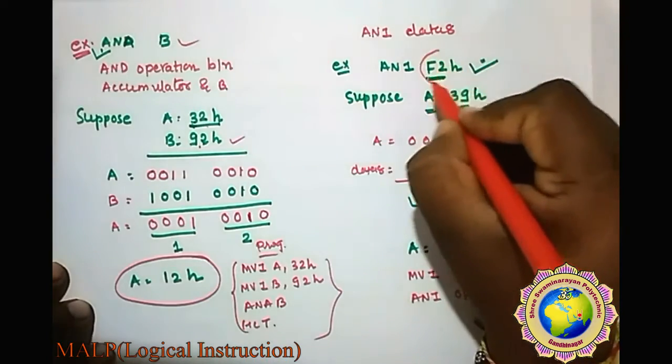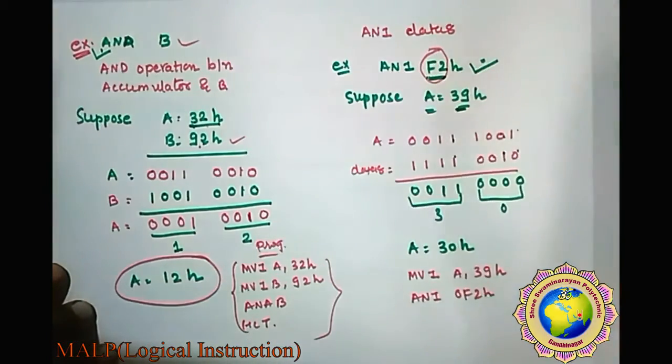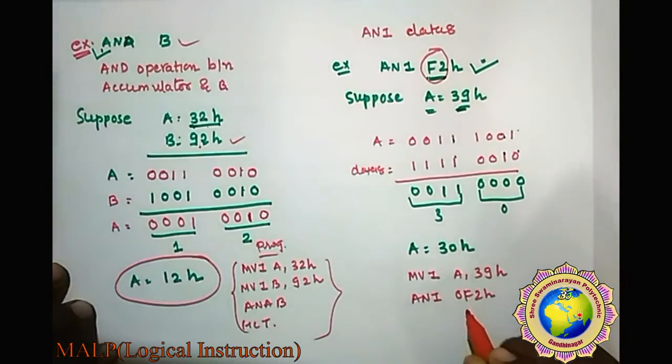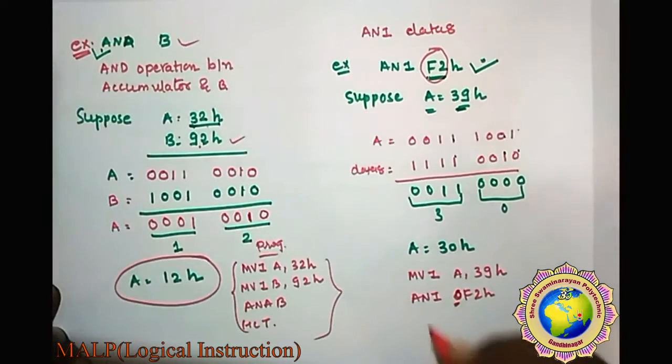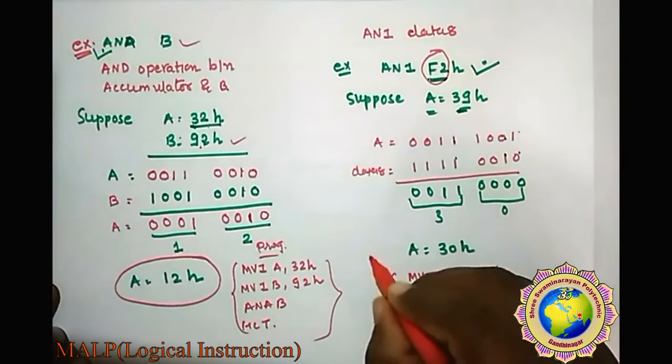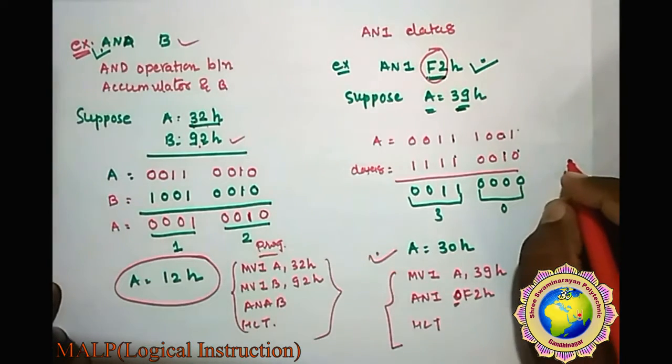Here we have taken the data as F2H, but to write in the program, whenever a hexadecimal number starts with A, B, C, D, E or F, we have to put a 0 in front. It considered only F2, but for the programming section we have to write here 0. Otherwise it will be an error. Okay, and then HLT. After performing these 3 lines, the value of A is 30H.